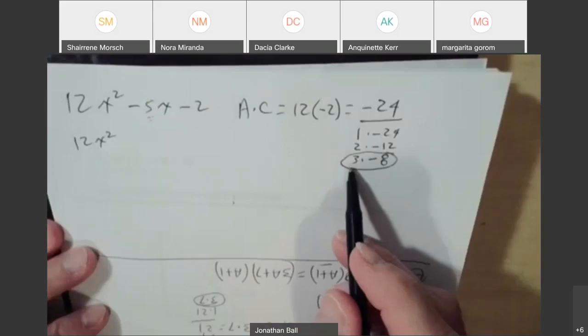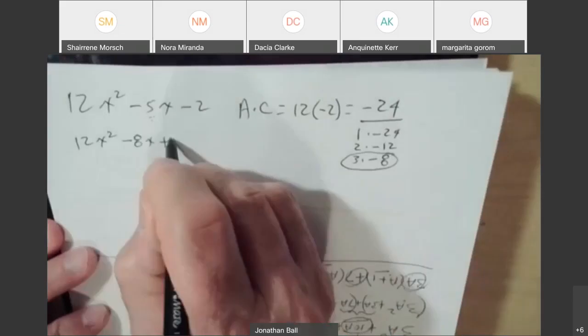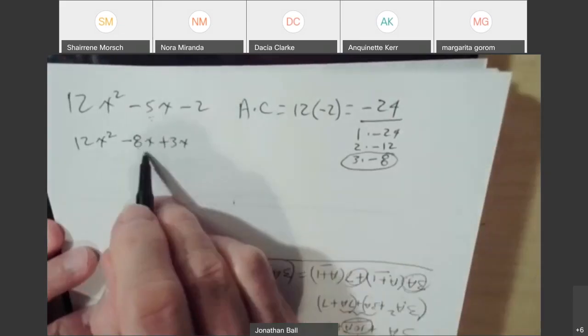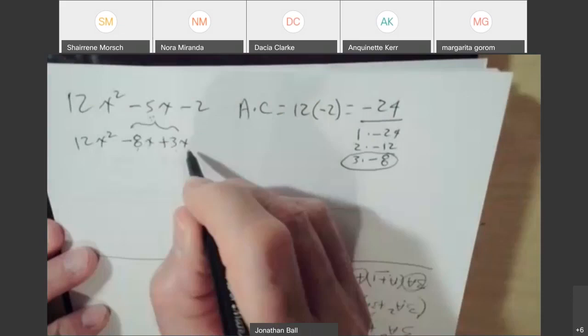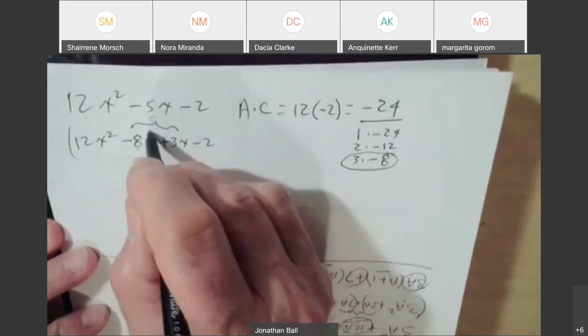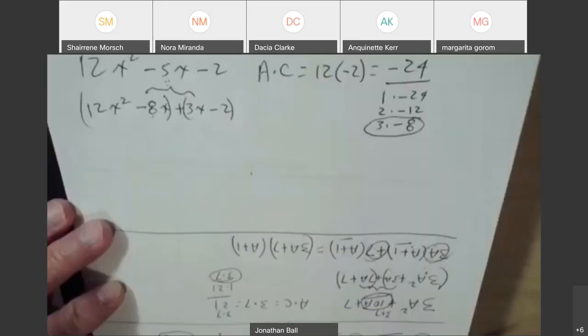I guess let's do the negative 8x plus 3x. If we were to combine like terms here, negative 8x plus 3x is negative 5, so we're correct. Minus 2. We do grouping.